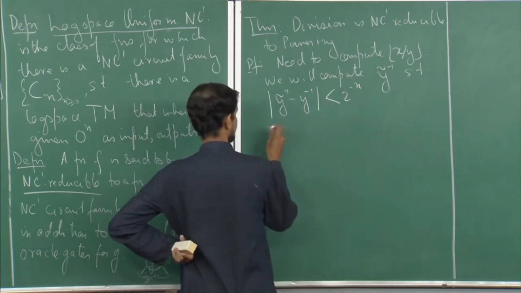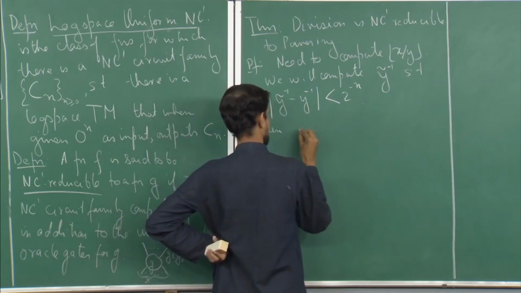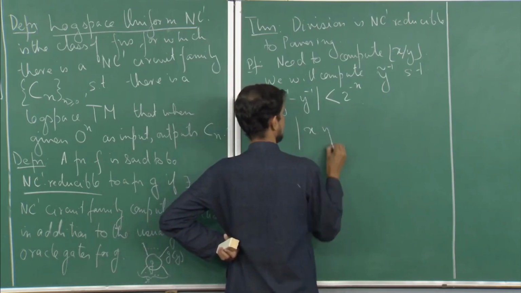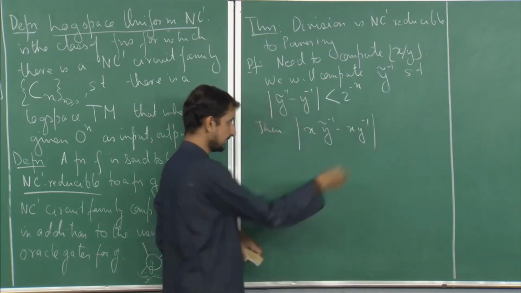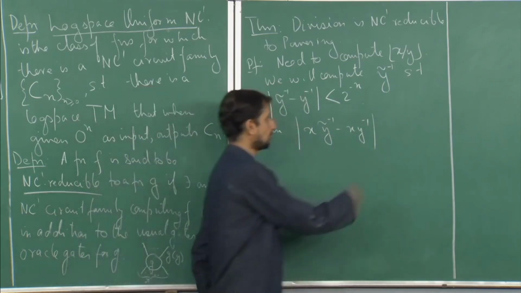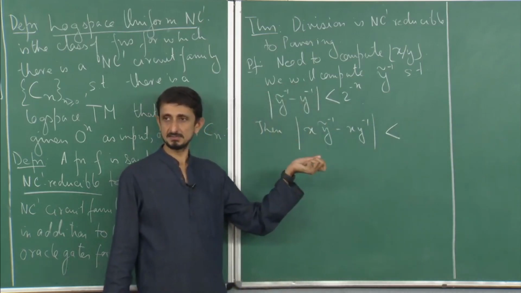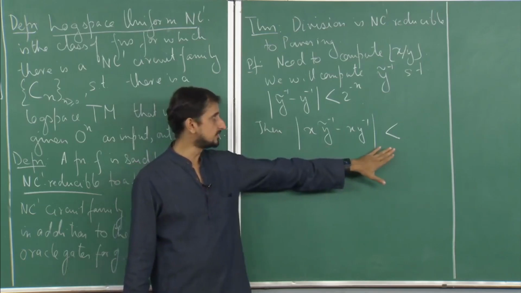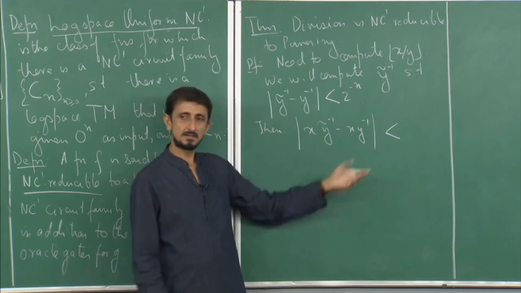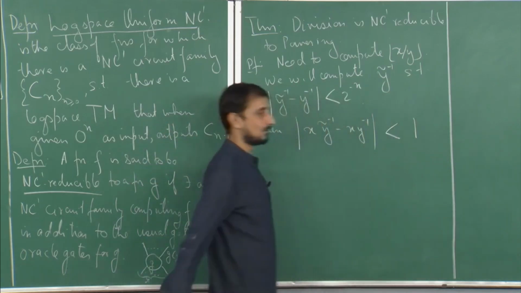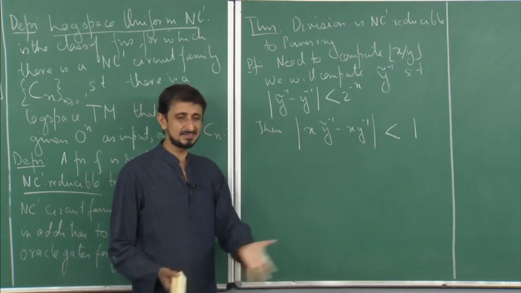Then x y tilde inverse minus x y inverse is what I want, and this is what I will be computing. What will be the difference between these two? Multiplying with x, which is at most 2 to the power n, how large is this quantity? It is less than 1, since 2 to the power minus n times 2 to the power n is 1. So, this quantity is less than 1, meaning it is small.